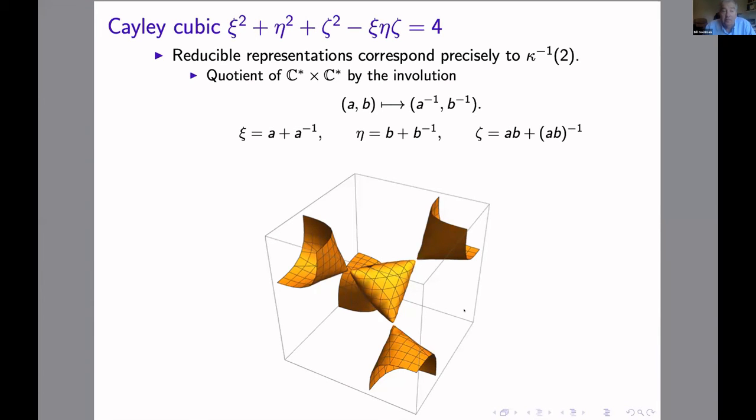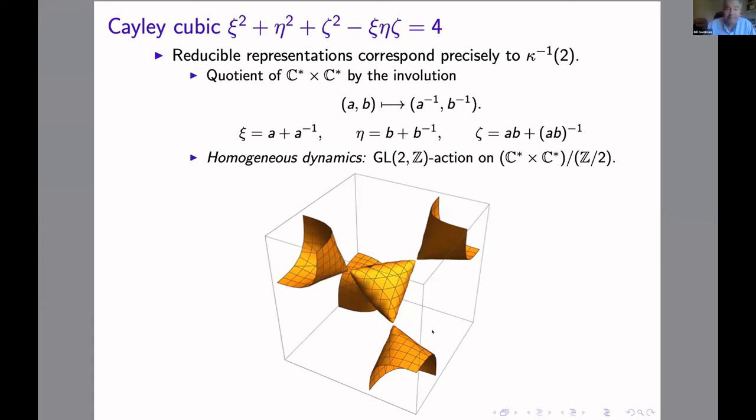Then the A and B parameters correspond to rational coordinates, and the traces are given by these simple rational functions. In this case, the action of the mapping class group, which is GL2Z, is going to be just acting on a product of two C stars modulo the natural involution defined by inversion. And here's a picture of what this cubic surface looks like.